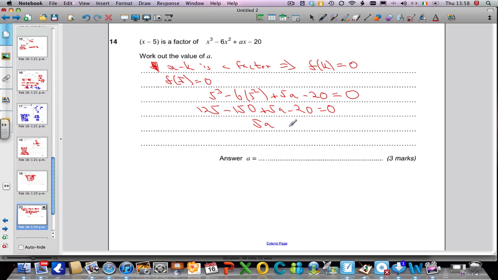So 5a, tidying up, that's minus 25, minus 45, so it should be equal to 45, which means that a must be equal to 9. And that's it. a is equal to 9.